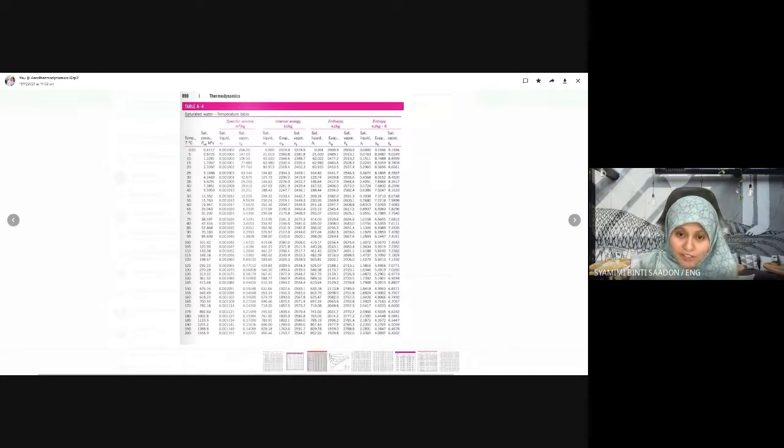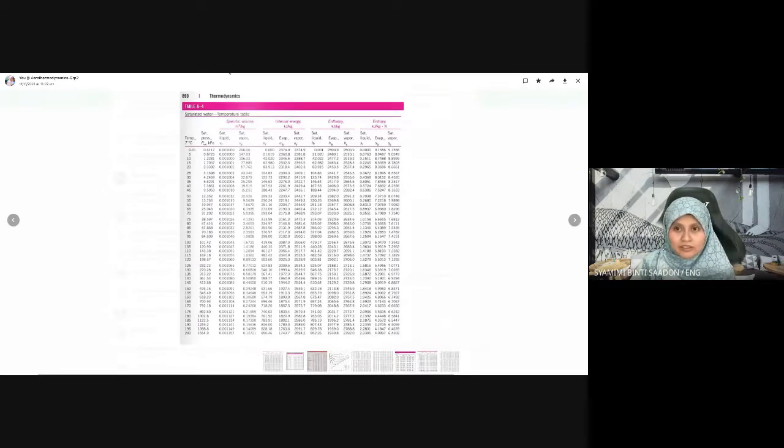For refrigerant, the refrigerant is to be cooled by water in the condenser. Here we can assume it as an ideal gas, but we have to use the refrigerant table.